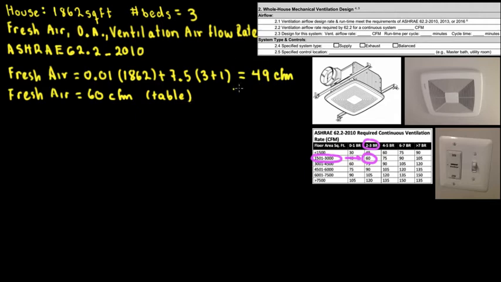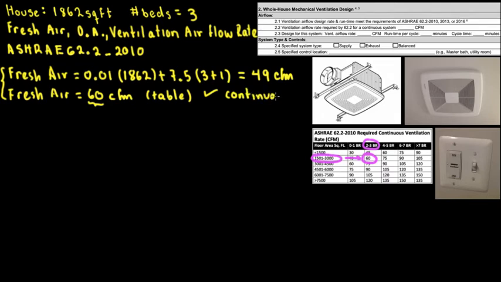So it's going to be better if we consider this 60 CFM. This would be more precise and more applicable. We're going to be safe providing more CFM of outside air ventilation. So we're going to go with the table, 60 CFM.